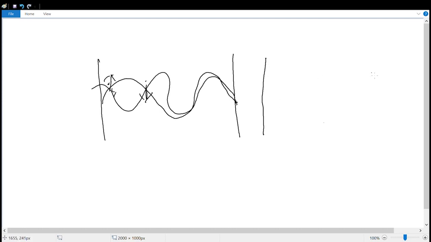Sorry about the particularly poor drawing, but say we have two parallel walls and we have a complete sine wave. So just as it's about to repeat its cycle, it hits the wall and then is reflected exactly back the way it came.